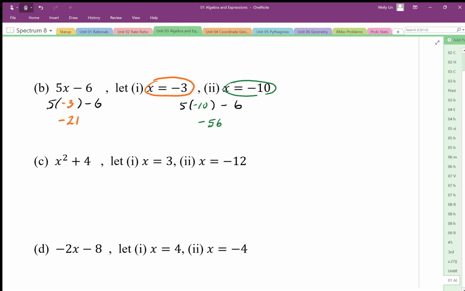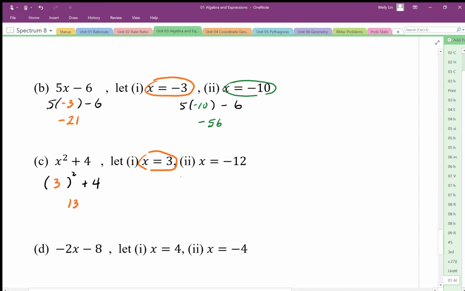Okay, we have squared values here. So I can do my squared first and then add. Let my x take on different values. So x equals 3. 3 squared plus 4 is 13. X can take on a value of negative 12.